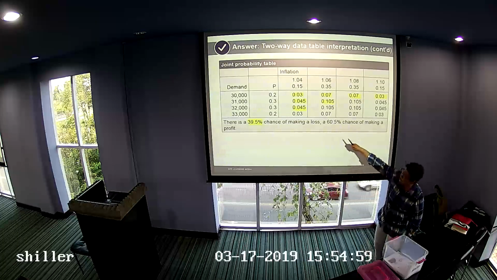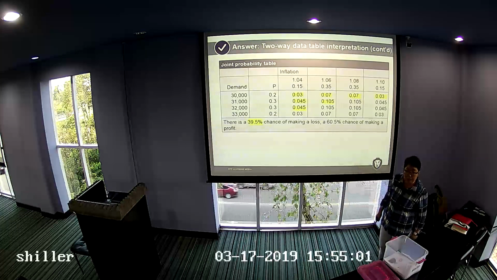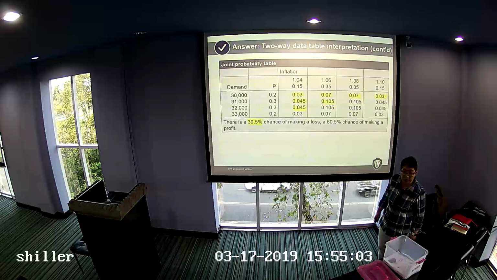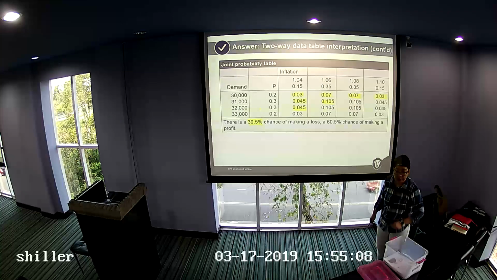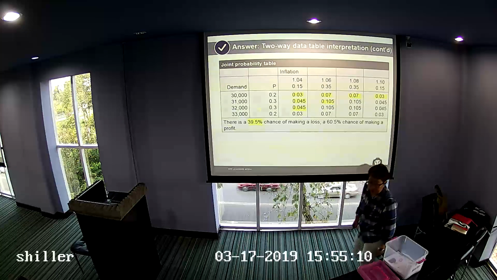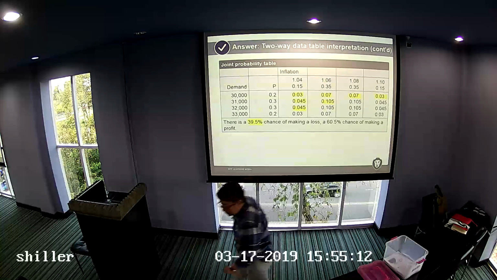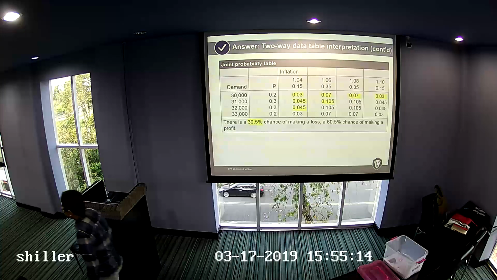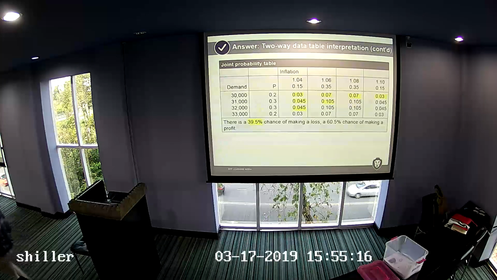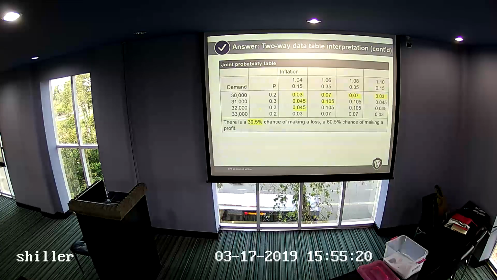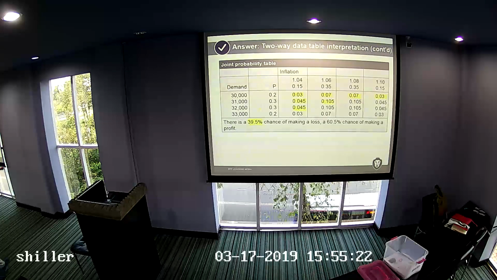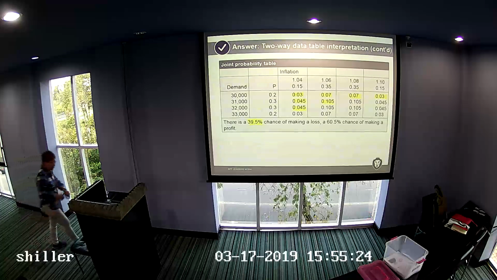You take this joint probability and multiply by the loss or profit from the original table, correct? So tell me now, what is the EV? Next table, please. What is the expected value of the profit?